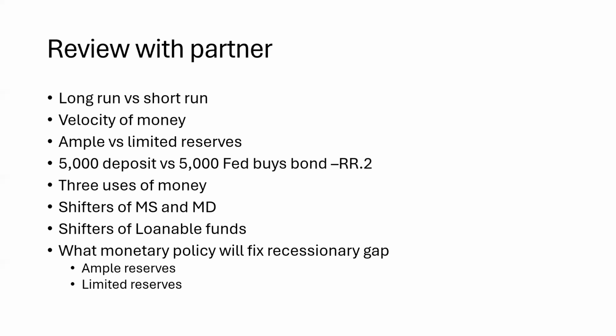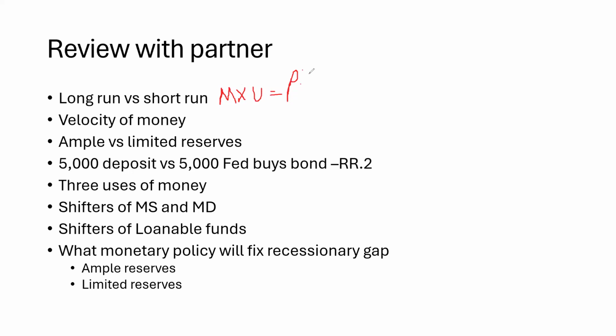Now, I'm just going to put the velocity of money up here to remind you. The formula for the velocity of money is money supply, which is M, times V, which is velocity, equals price level, which is P, times Y, which is output.